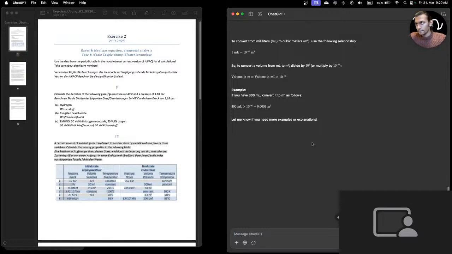It's 300 into 10 raised to minus 6 cubic meters.